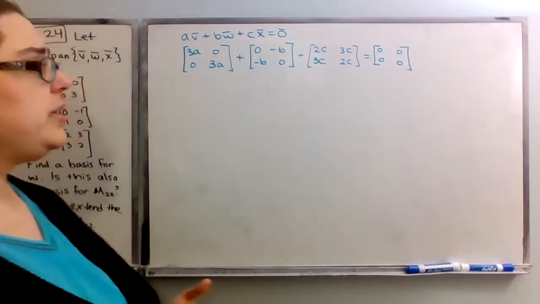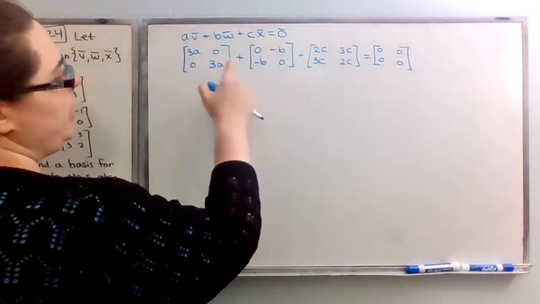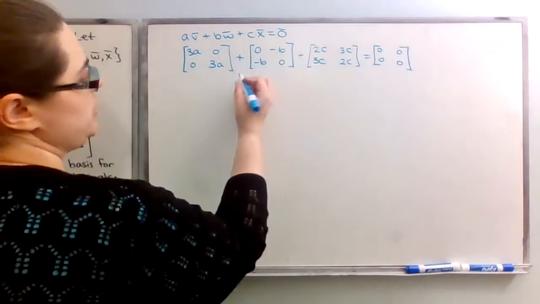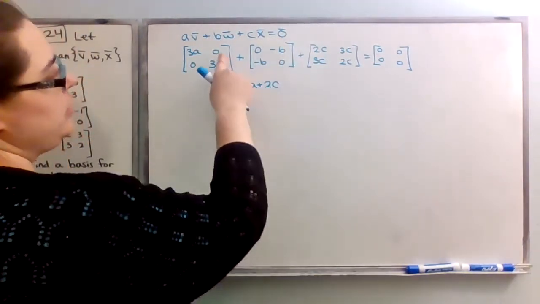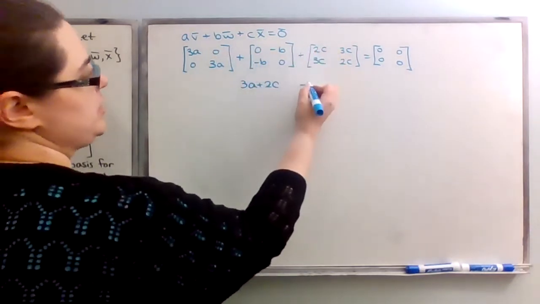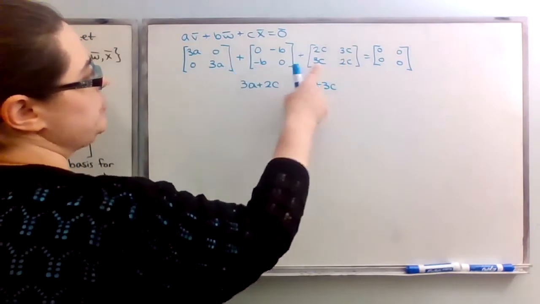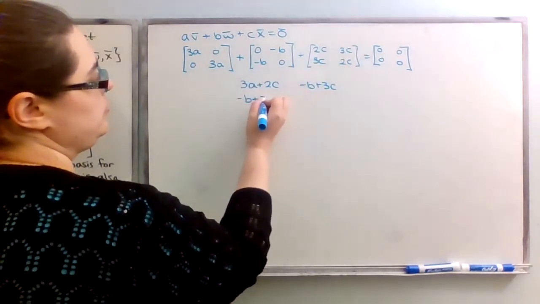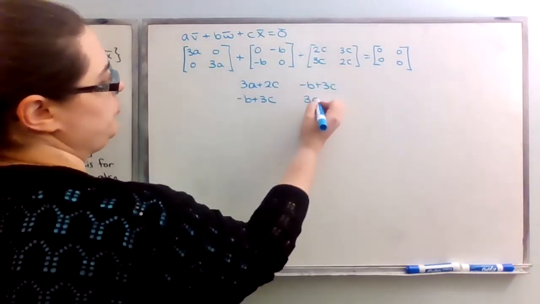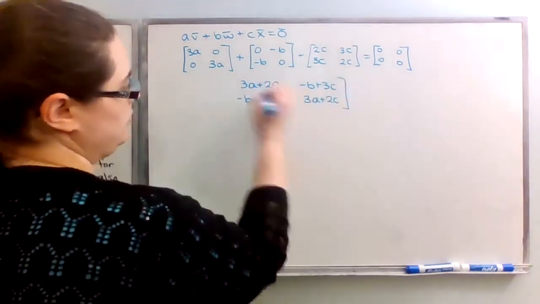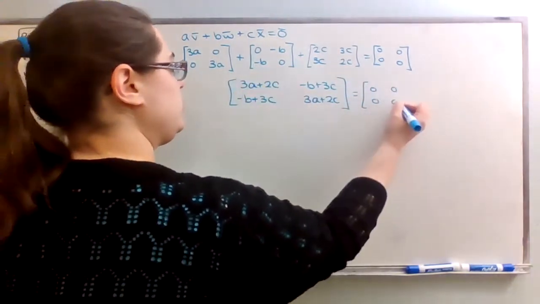So if I add all of these up, I'm just going to add their components. I get 3a plus 2c, minus b plus 3c, minus b plus 3c, 3a plus 2c. And this is going to have to equal our 0 matrix.